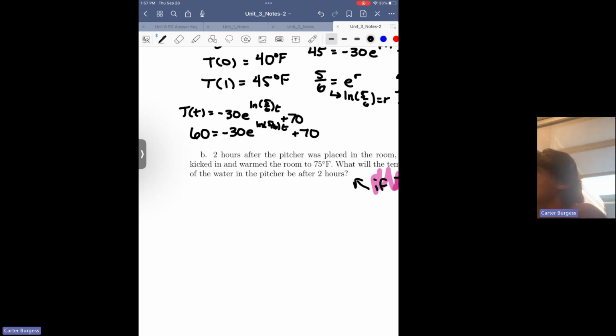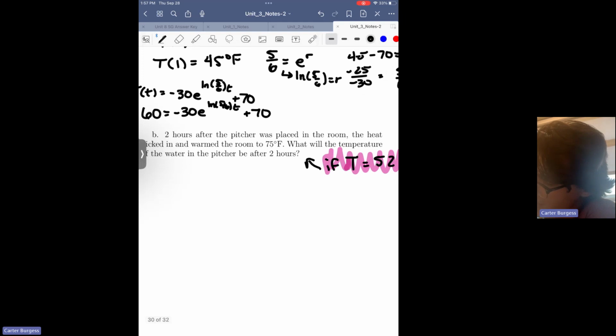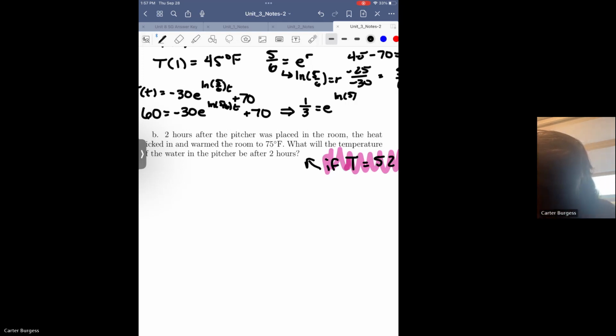All right. So what do I need to do? Exact same thing as before. Subtract 70 and divide by negative 30. 60 minus 70, negative 10.